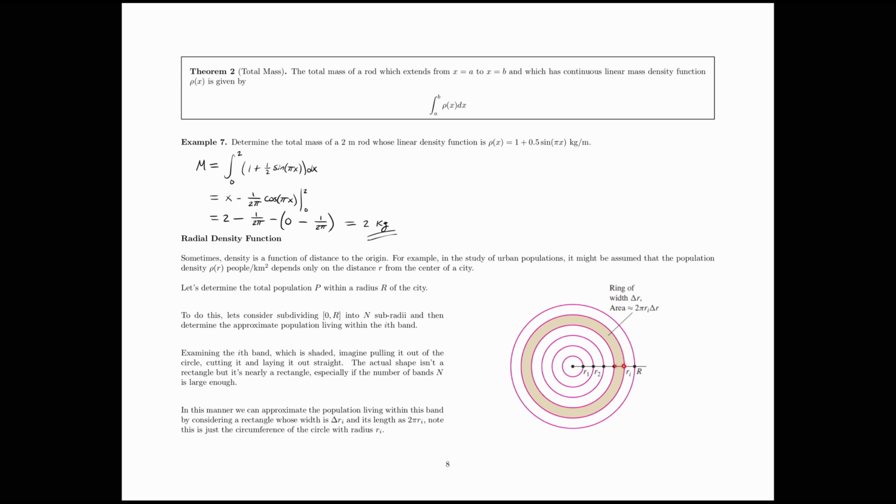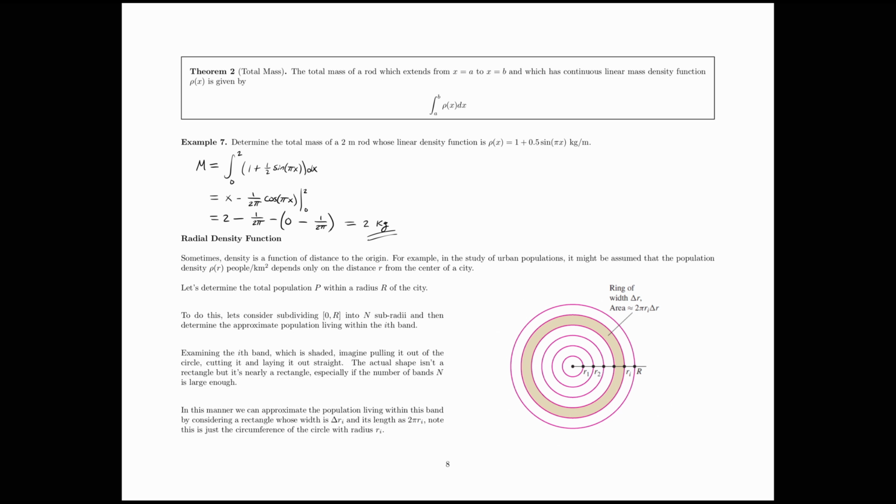So although they are different, they are approximately the same. So roughly speaking, we can say that the density throughout this entire band is the same, because this distance is very small. The density at any point within this band, we're going to say is the same density.